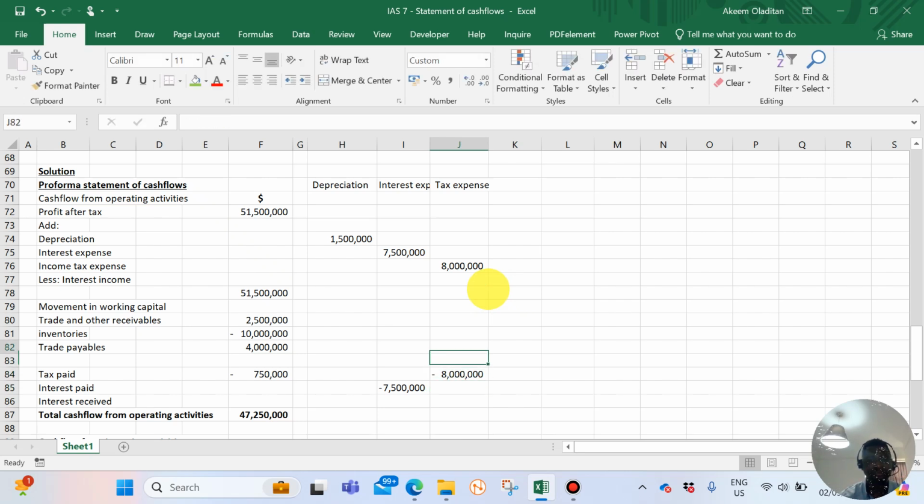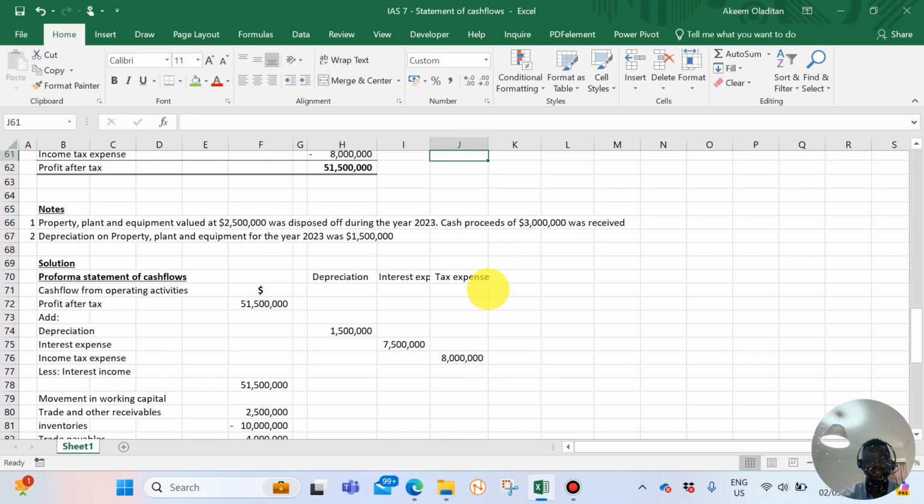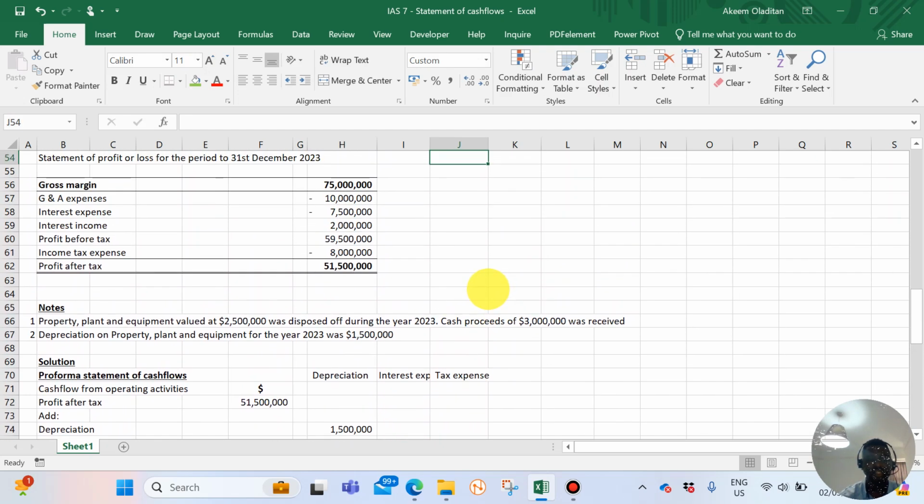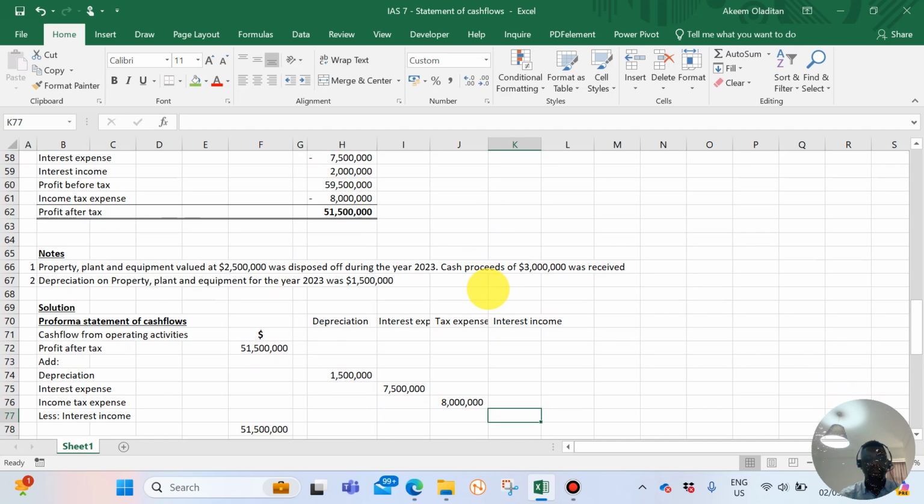So the next one is interest income. Now we are deducting interest income because it was already added as part of the income.